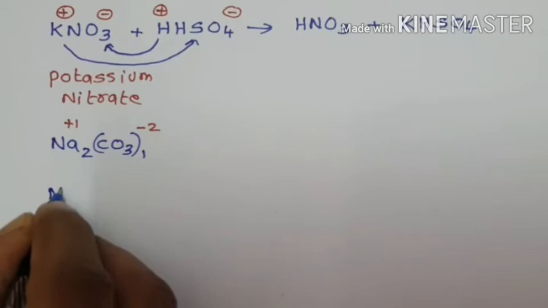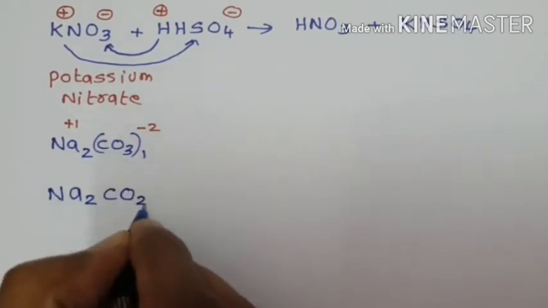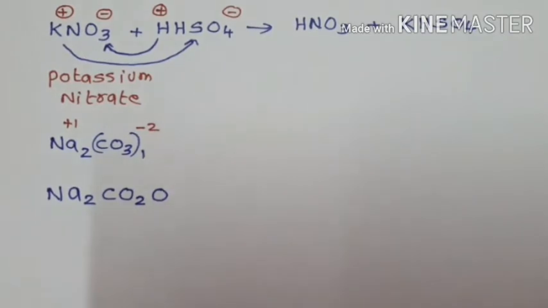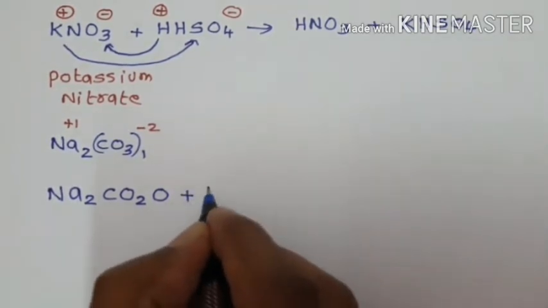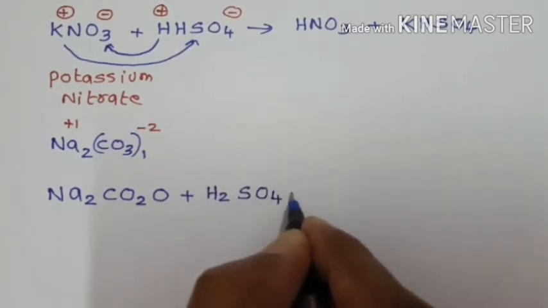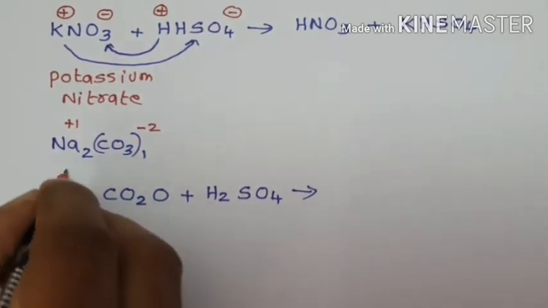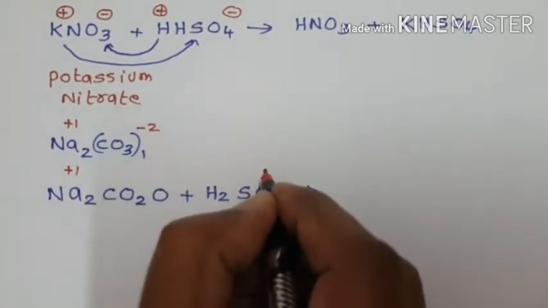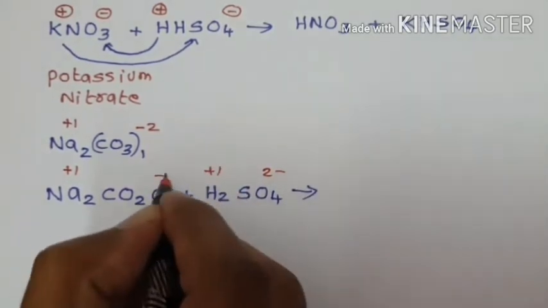Sodium carbonate, Na2CO3, when treated with sulfuric acid, H2SO4, gives, so here Na is a monopositive ion, sulfate is a 2 minus ion, and H plus combines with the oxygen.